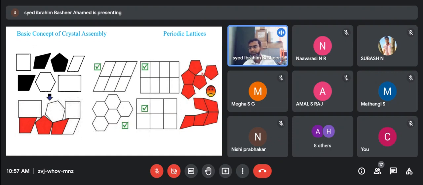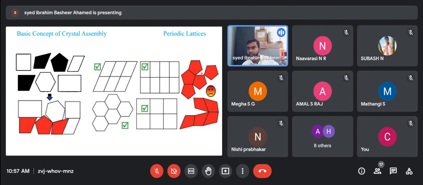So what will happen if you have a gap when the crystal is forming, a gap in between each unit? Is it possible? No way, because you will have a certain molecule here, and another molecule here, or half a molecule will be here, and another half of the molecule will be in this unit.